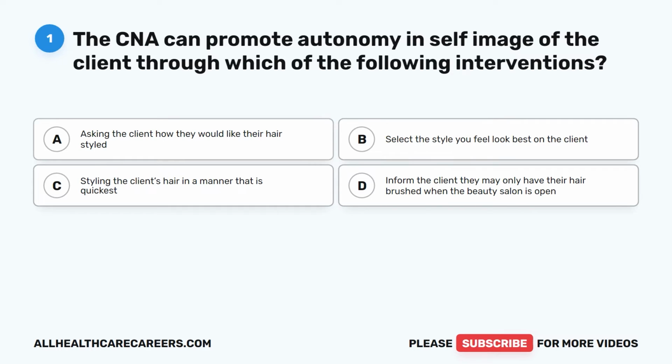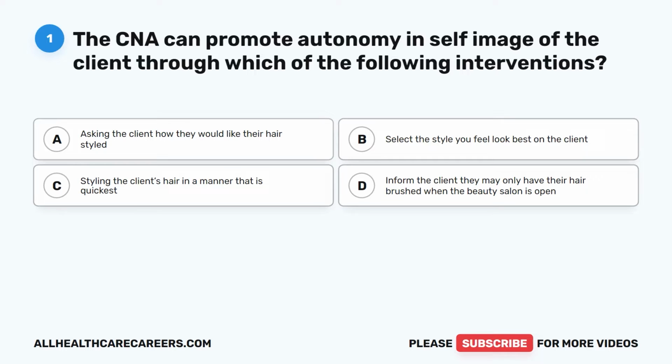Question 1. The CNA can promote autonomy in self-image of the client through which of the following interventions? A. Asking the client how they would like their hair styled. B. Select the style you feel looks best on the client. C. Styling the client's hair in a manner that is quickest.